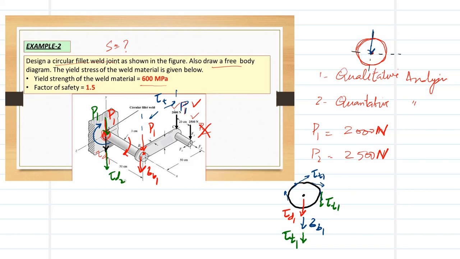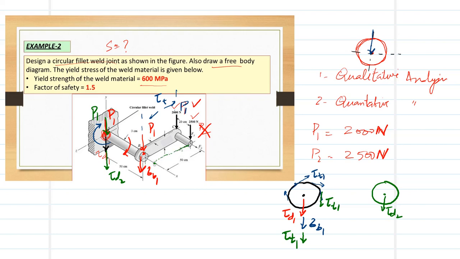I just draw a free body diagram in case there is any mix up, but in the exam you have to write on the same diagram. So this is tau D2, and this tau D2 is due to load P2, which is 2500. And if I translate the load directly along this line, we have an additional bending stress.